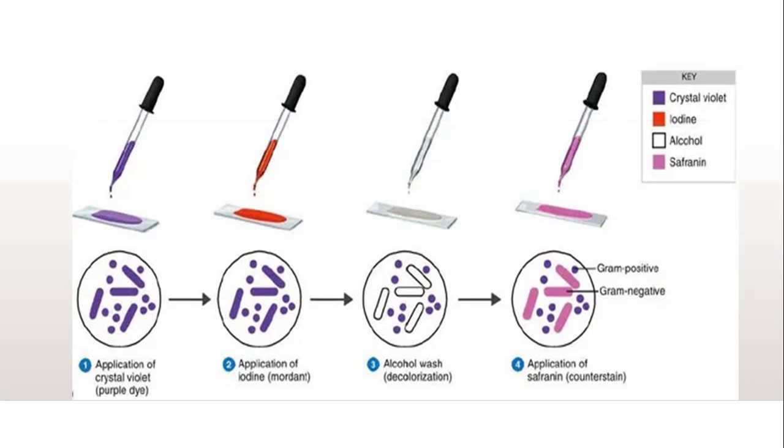Because if you see the diagram, according to the staining technique, gram positive bacteria, even after the action of the decolorizer, will not lose the stain and will remain stained with the primary stain's color, that is purple or violet. Here you can see purple colored gram positive bacteria, and this pink color, which have been stained with the secondary stain, that is safranin, are gram negatives. So it is violet or purple color.